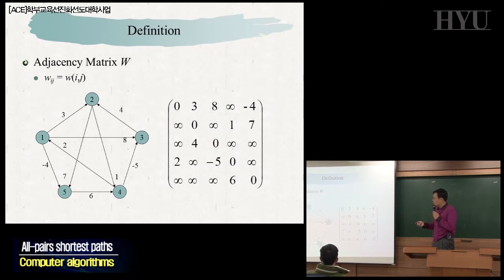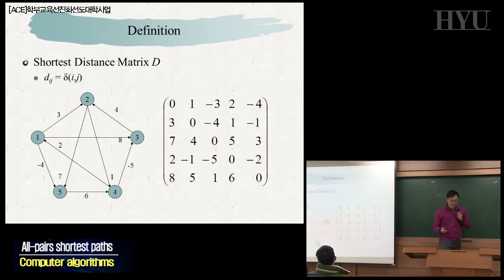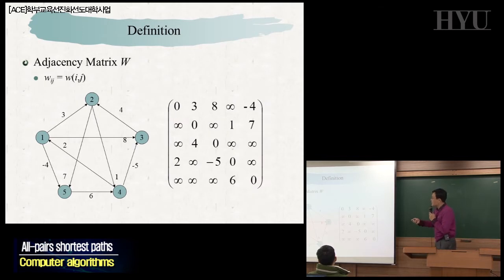It means the edge weight from vertex 2 to vertex 1. There is no edge, so the weight is infinity. Okay, so this is the input of the Floyd-Warshall algorithm.